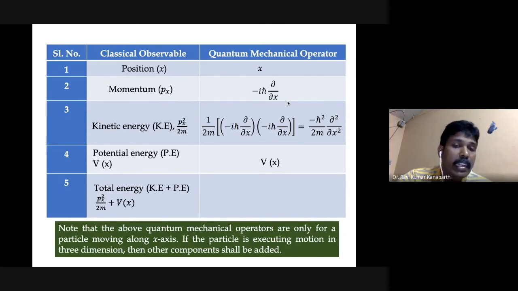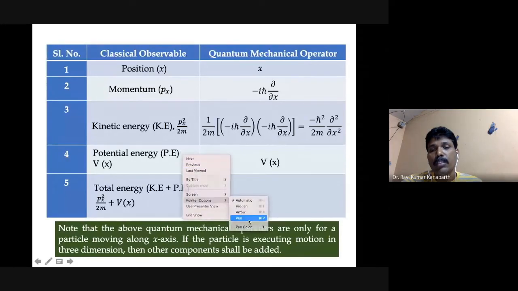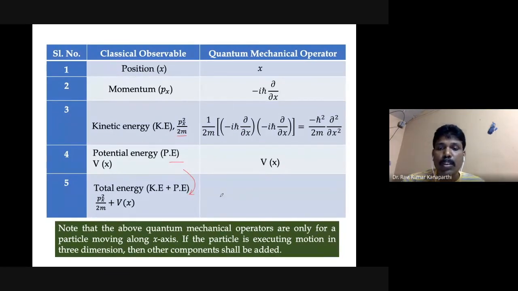The classical mechanical expression for kinetic energy is px square upon 2m, and potential energy is V of x, right? So this and this I have basically summed. There is nothing new in this. I have taken the summation for total energy. Then what will happen to the quantum mechanical expression?